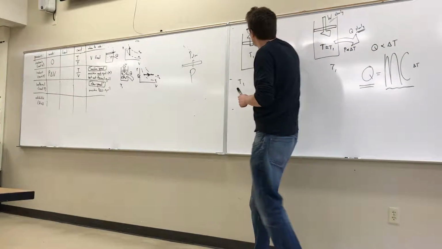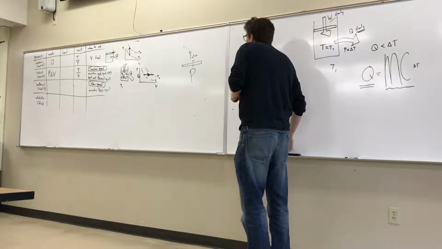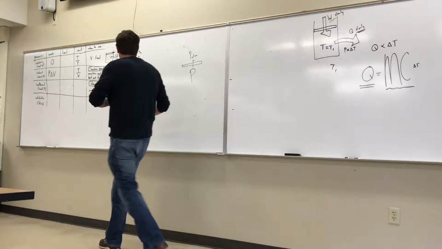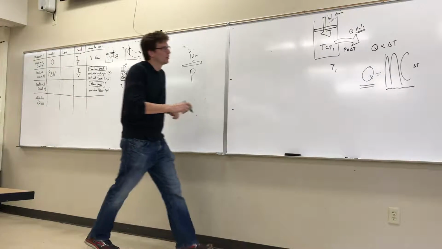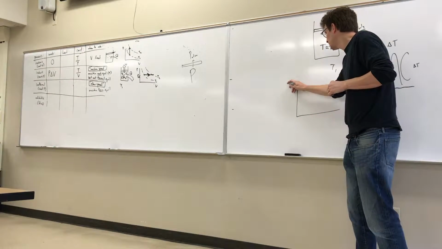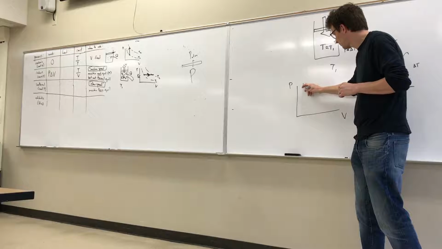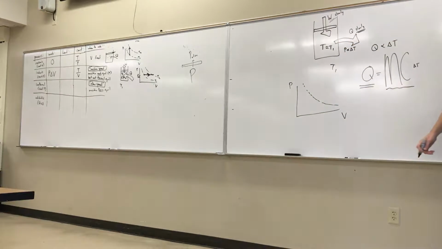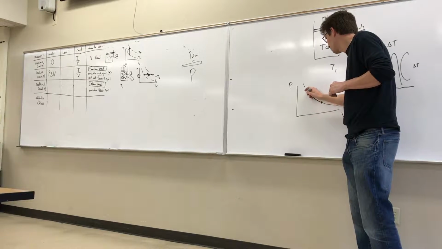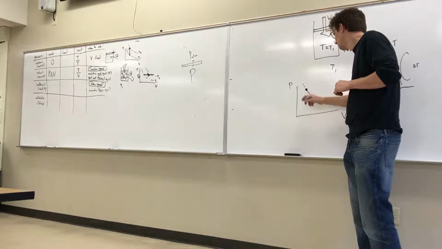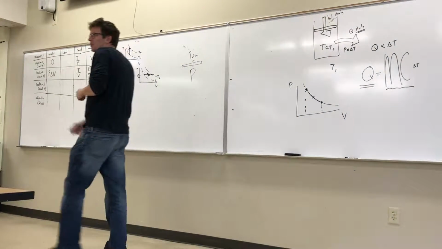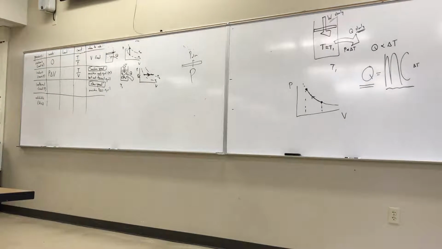First, we can do the work. I guess I should do the diagram here. So for this particular one that I just talked about, P versus V, if this is isothermal, I'm following an isotherm. This particular one that I just drew would look like this. So I'm actually compressing the gas, so I'm going to a lower volume.